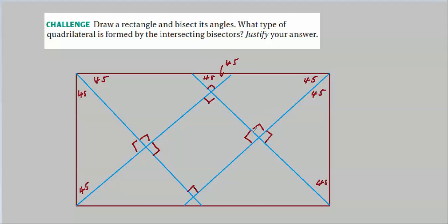We definitely have a quadrilateral, which means we have a rectangle or a square. We know that this side is congruent to this side. In other words, we know this much already.